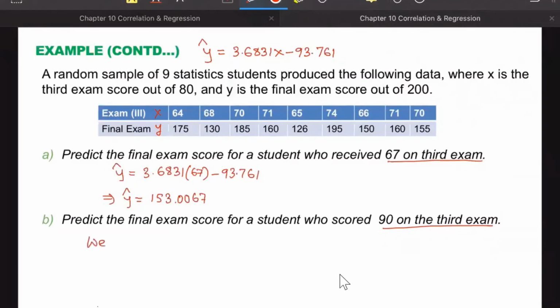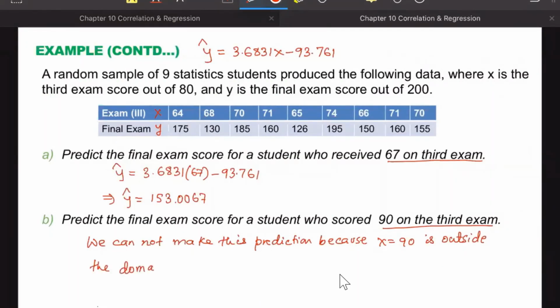Please write this: We cannot make this prediction because x equal to 90 is outside the domain. Outside the domain, not the range.